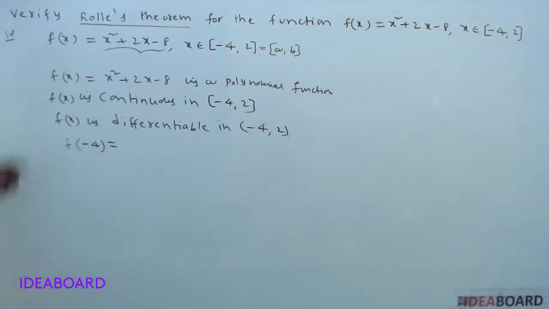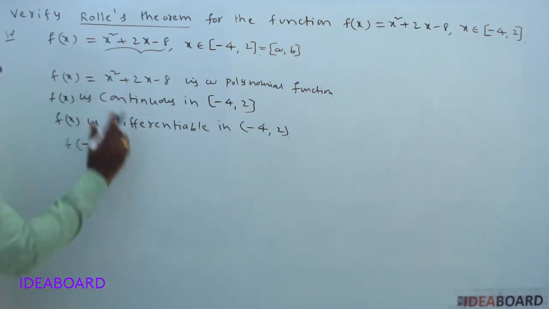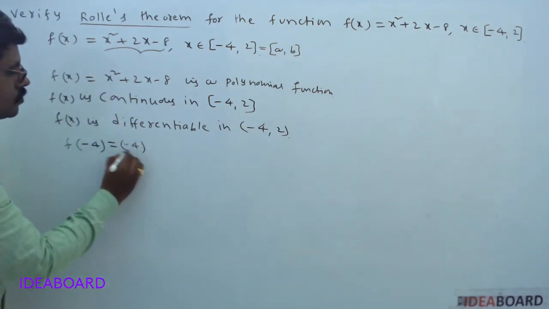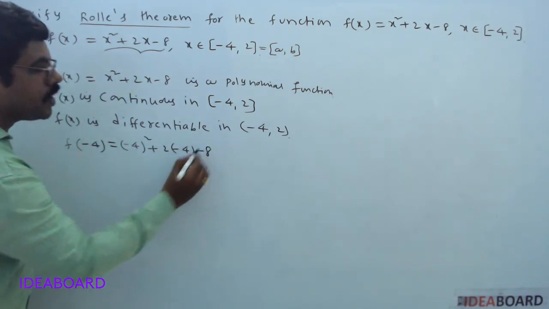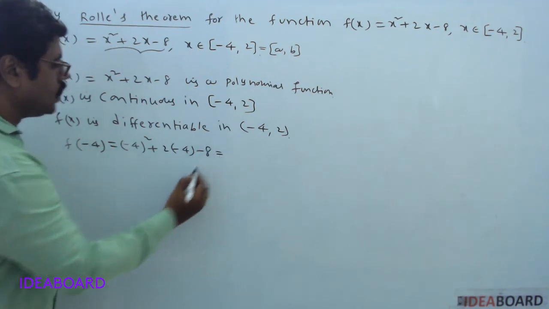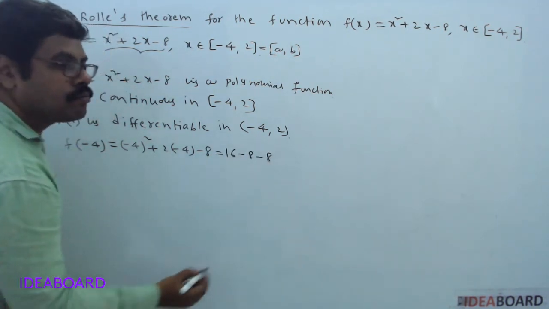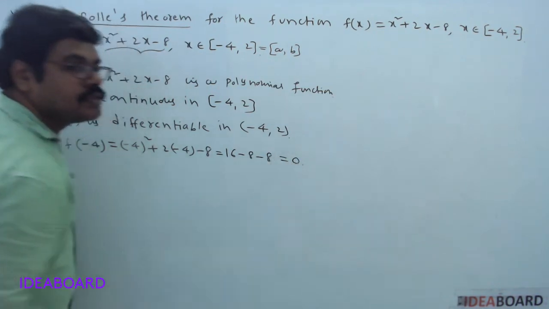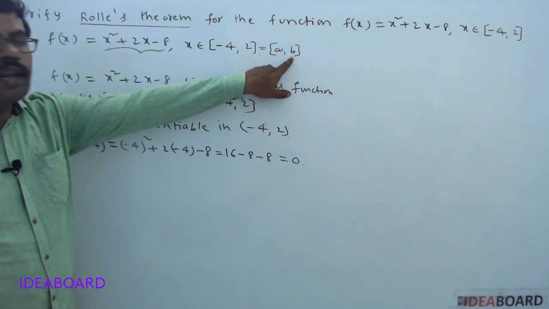Now this equals, in the function f(x), substituting x equals -4, (-4) whole square + 2 into -4 - 8. Now this equals 16 - 8 - 8. It will be 0.